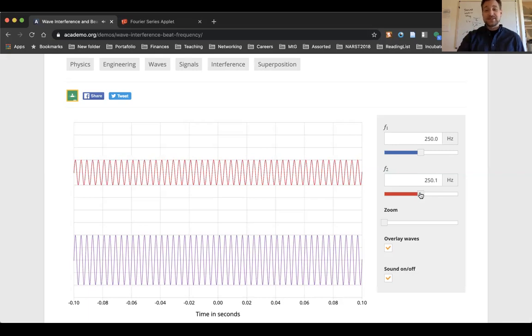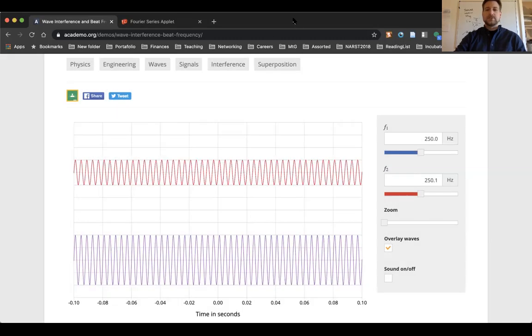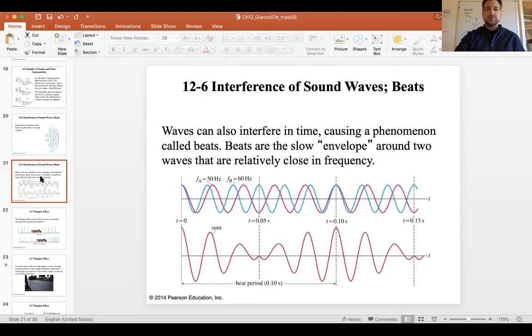The period for this one is so long because they're only a tenth of a hertz apart. That's enough of that. Go back to slides. So we talked about beats.